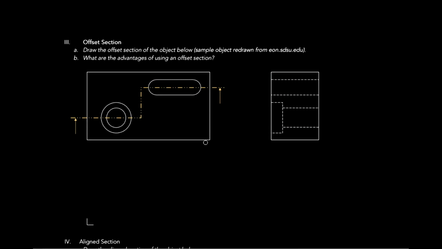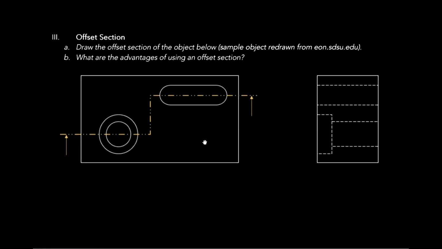So, offset section is when meron tayong internal features sa material natin or object natin na hindi necessarily makukuha sa isang straight na cutting plane lang.